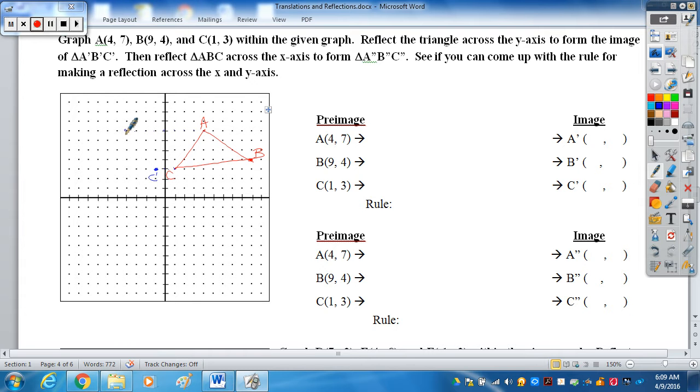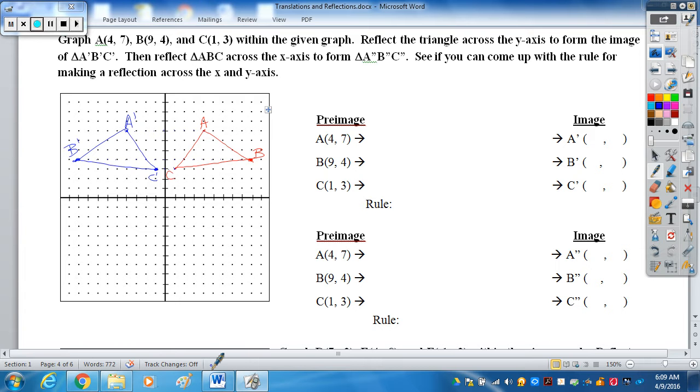I put down my point, and that will be A prime, okay? And then B, 1, 2, 3, 4, 5, 6, 7, 8, 9. Just a reflection on the other side, okay?